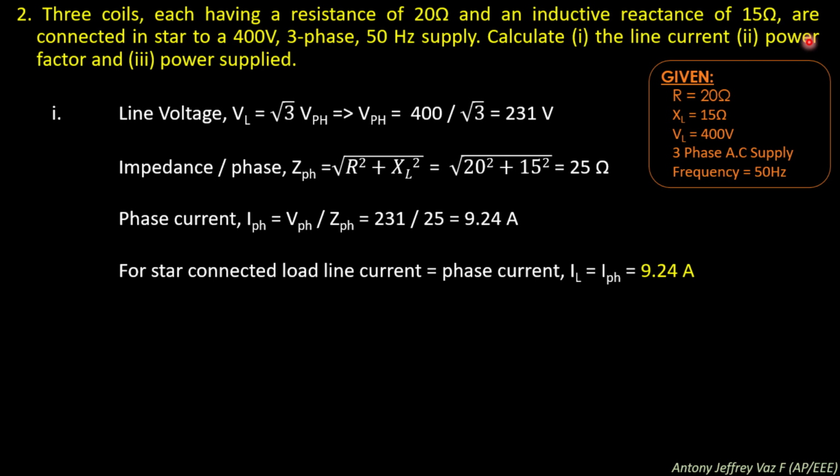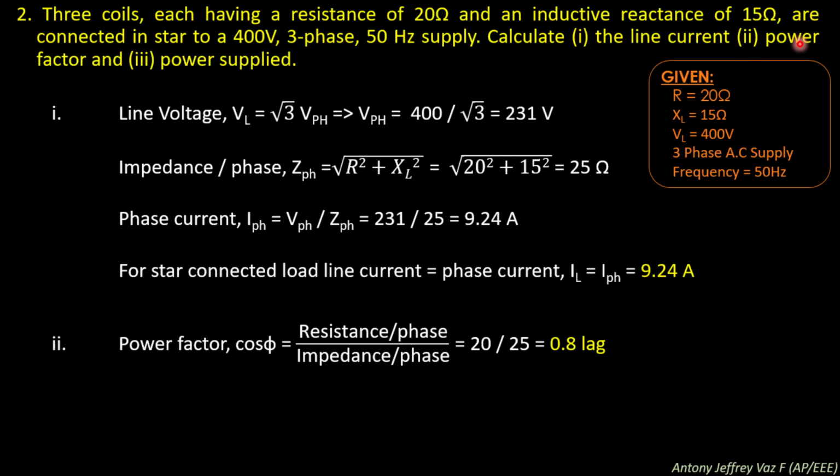Next we are going to find the power factor. Here the power factor is mentioned as cos phi, and cos phi is equal to resistance per phase divided by impedance per phase. Here the resistance per phase is 20 ohm divided by impedance per phase 25 ohm. So you will get a power factor of 0.8 lagging. Why is lagging mentioned?